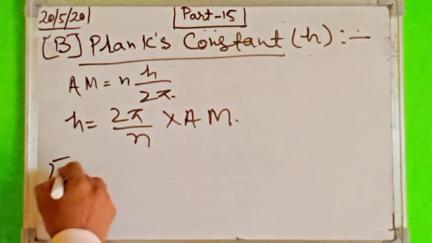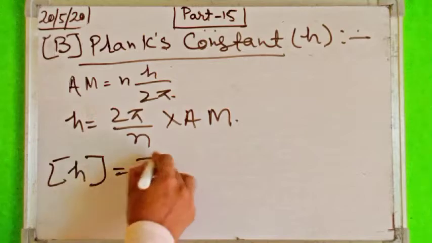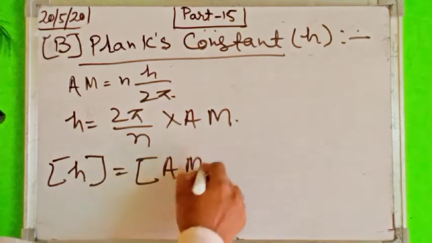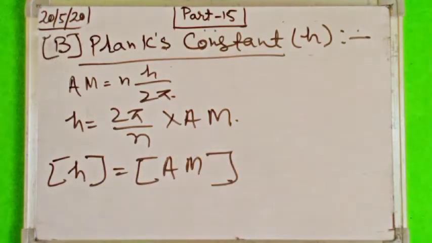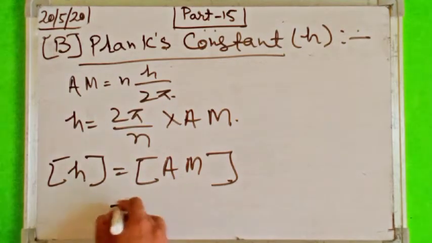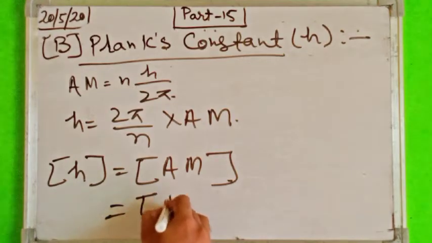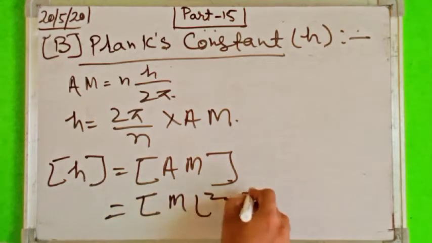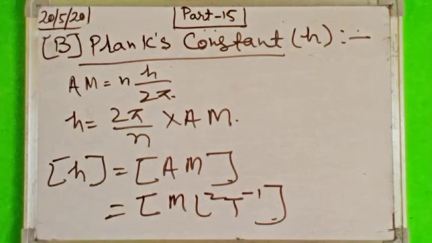Since 2 pi and n are dimensionless quantities, h has the dimension of angular momentum, and it is equal to M L square T minus 1.